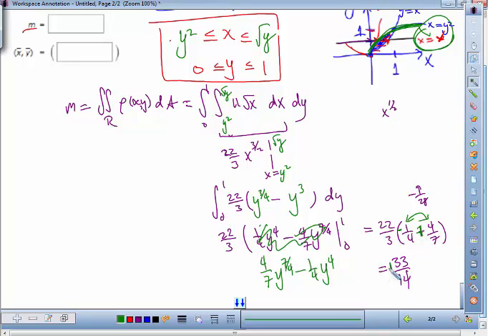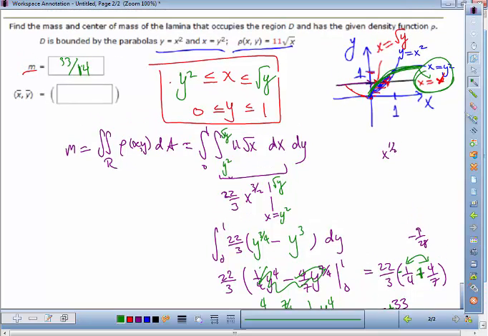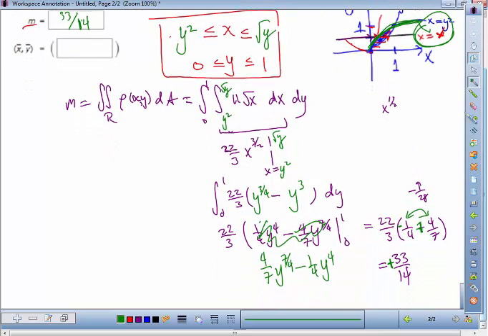And that would mean that this would be a positive. Okay, whew, that's better. So the mass is 33 over 14, whatever units they are. Doesn't say. Grams, kilograms.